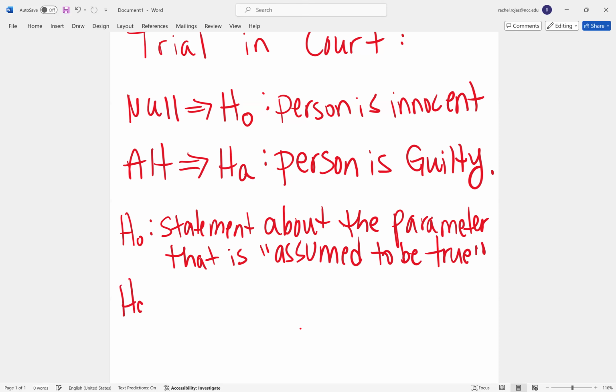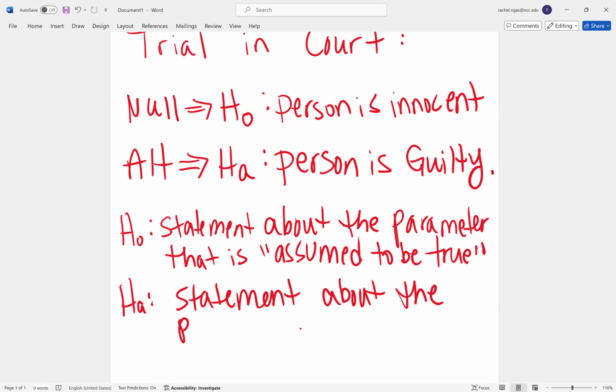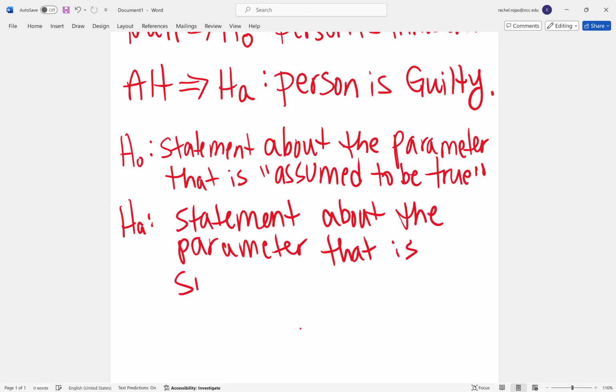And then the alternative is the statement about the parameter that is suspected to be true.